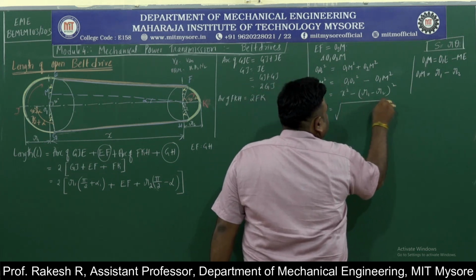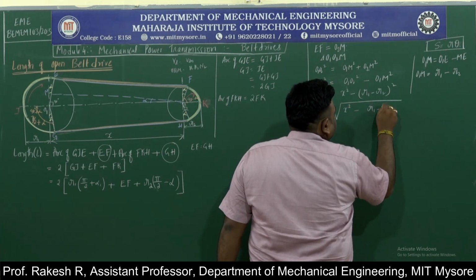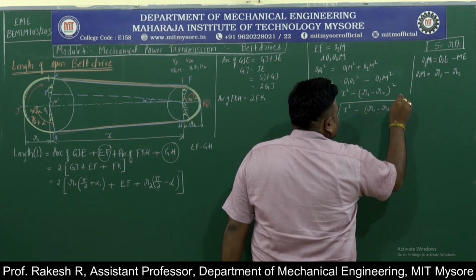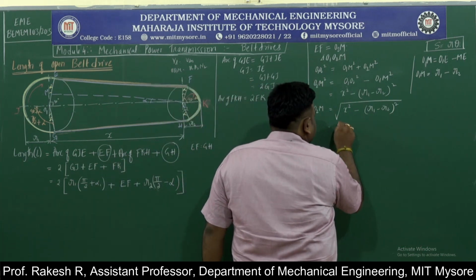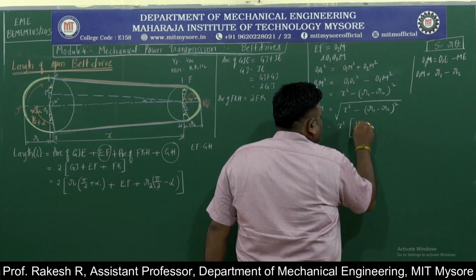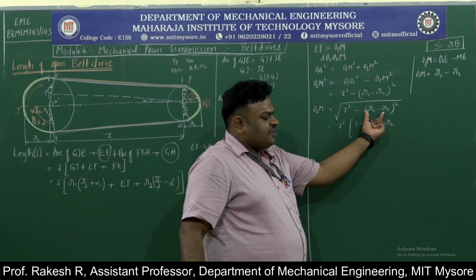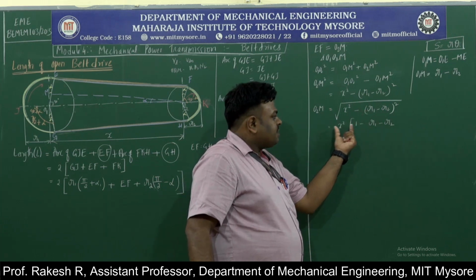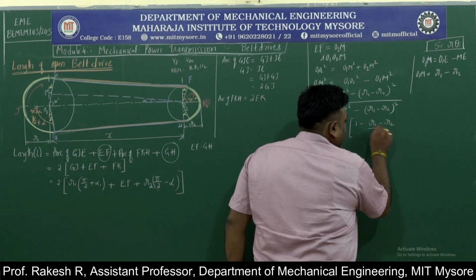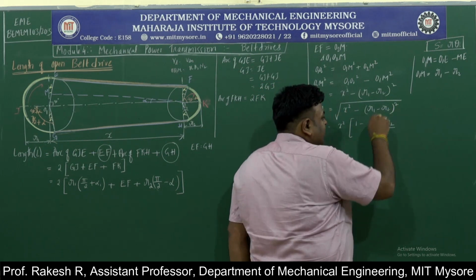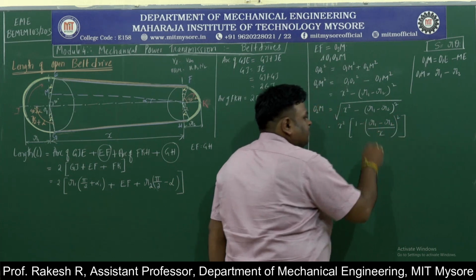Next, let us see O2M. O2M is nothing but square root of x square minus R1 minus R2 whole square. So I will be taking x common, x square into 1 minus R1 minus R2 by x whole square. Since square is there on both sides, I will be considering like this.